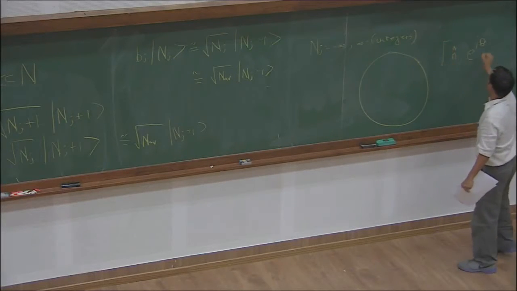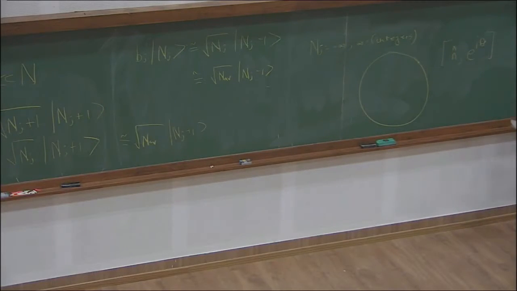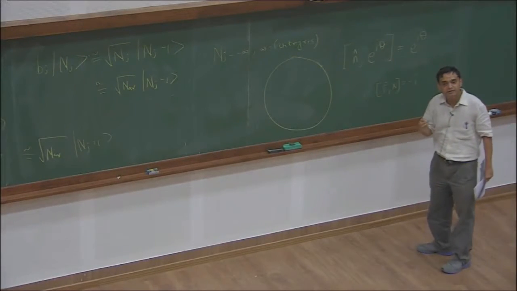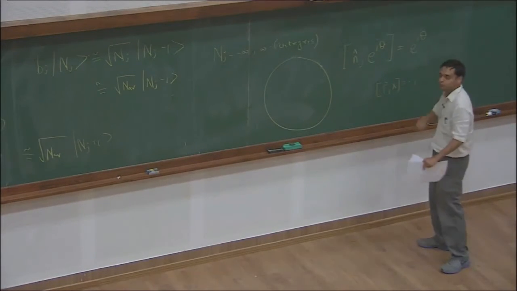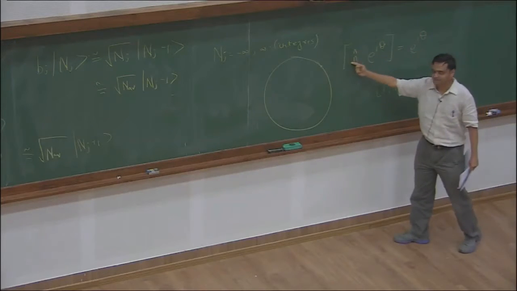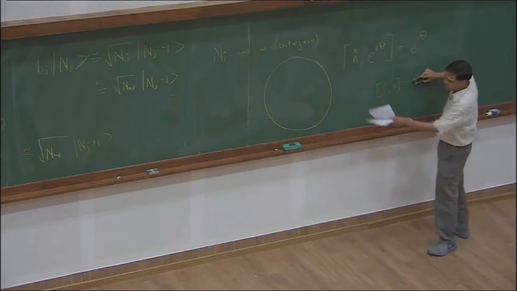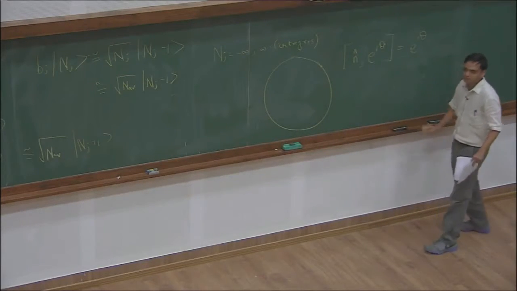And we have the commutation relation n e to the i theta equals e to the i theta. This is just the exponential form of the usual x, the usual p x equal to minus i. If you translate that to ask what is the commutator of p with e to the ix, that's what you would get. But for an angle, this is a more convenient way of writing that. You must have done this in some quantum mechanics, right? This is just a particle on a circle, okay?